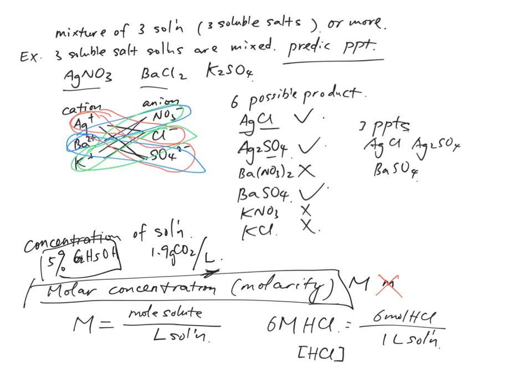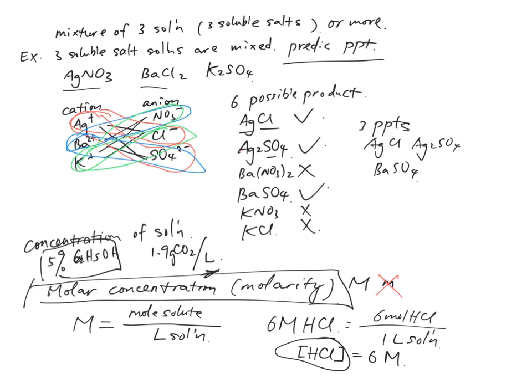The solute HCl in this solution is 6 molar. So don't be surprised on your future notes and on your future exams. Instead of writing the concentration equal to, I'm just simply giving you a chemical and a set of brackets to tell you, here we're talking about the concentration of this given chemical compound.